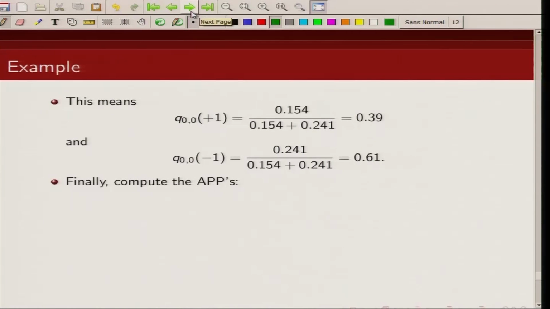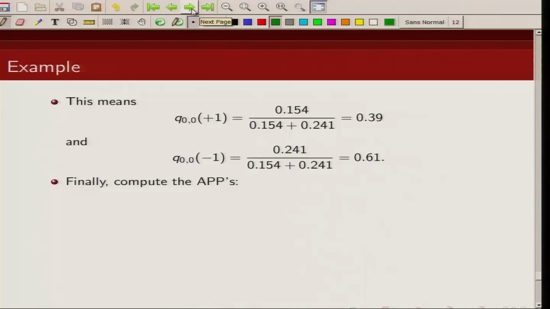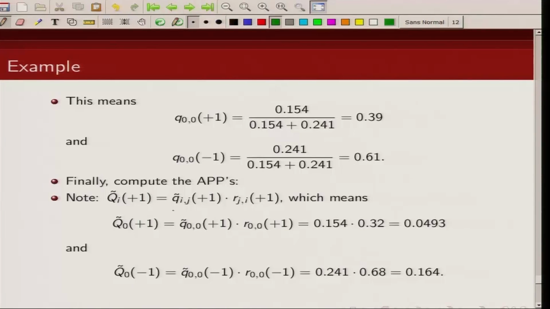And next thing, finally after we have computed one round of iteration, what is one round of iteration? You send these Qij's to the check node, then the check node gives you back Rij's, you update your Qij's, and once you do that, you can then find out the a posteriori probability, which we have done here.